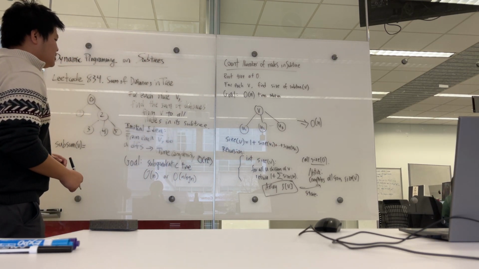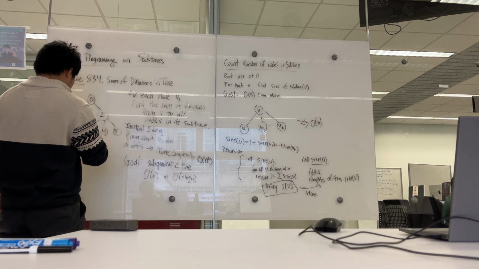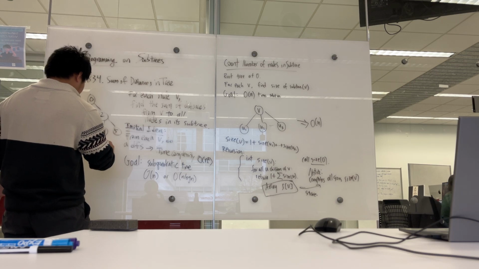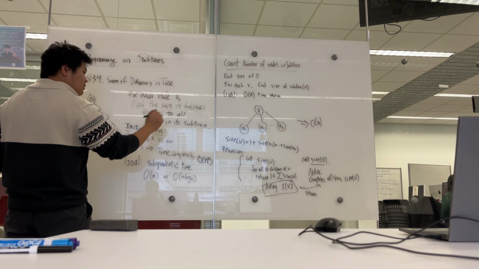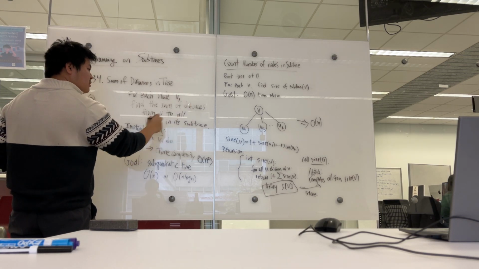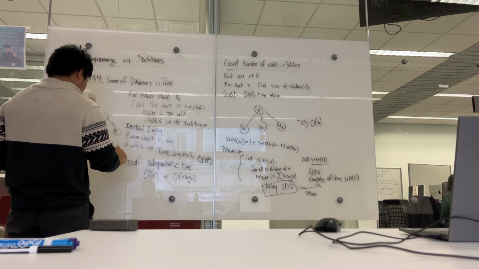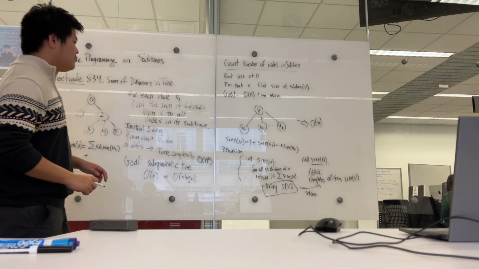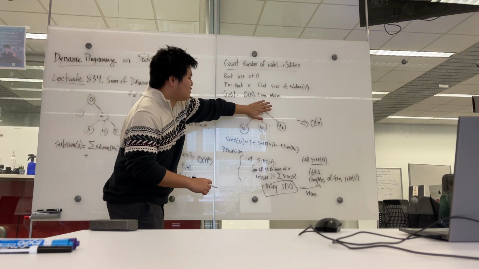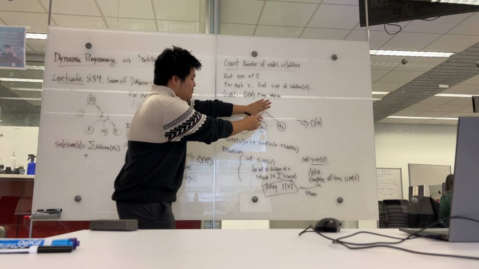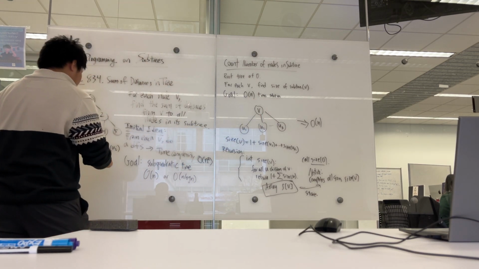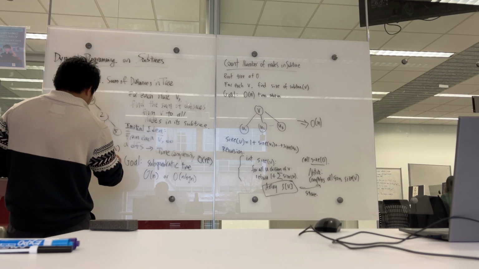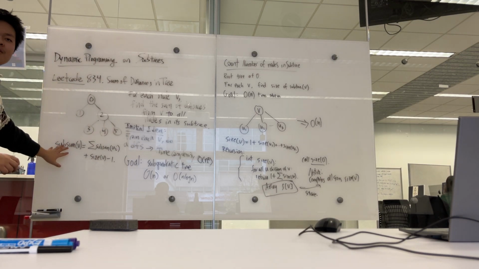So actually, it is just the sum for all of the children UI, and then plus the number of nodes in the subtree of V excluding V itself. So that would just be size of V minus 1. Does everyone agree with this formula?